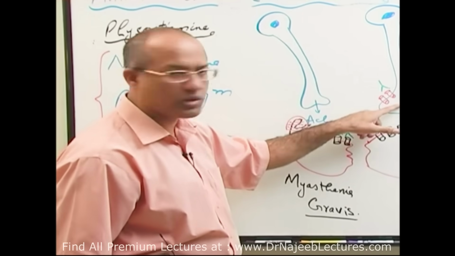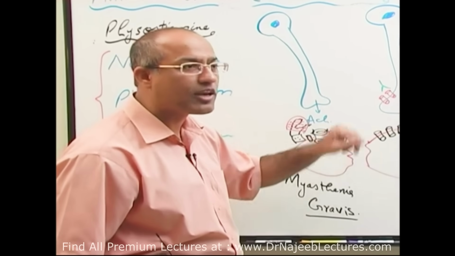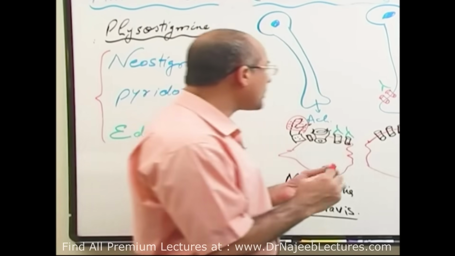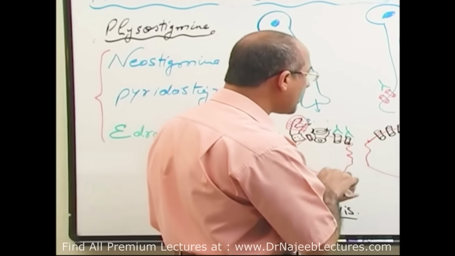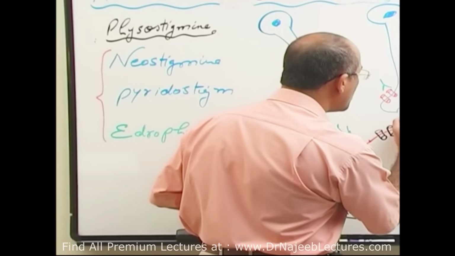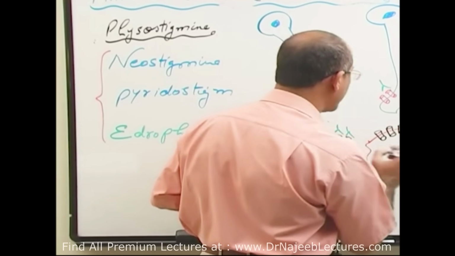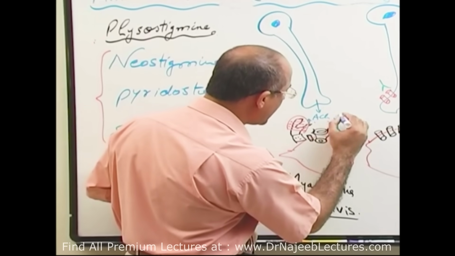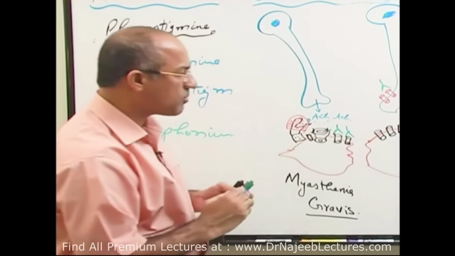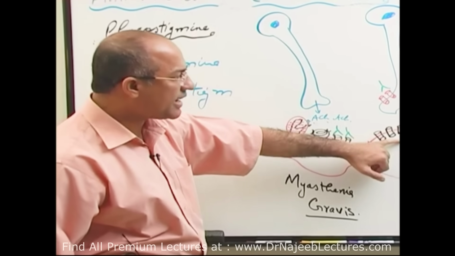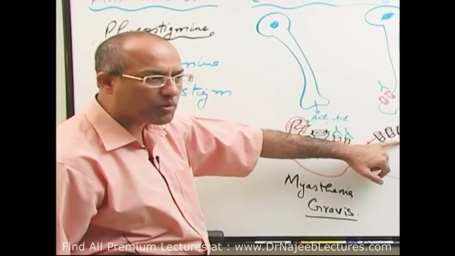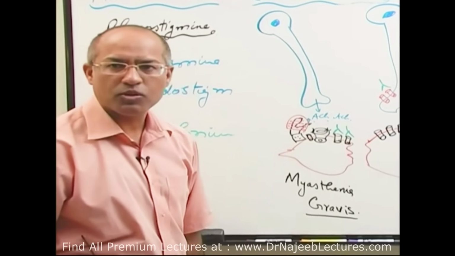So there will be less calcium going in, so naturally release of acetylcholine will be less. In these patients acetylcholine release is very less. In the previous patients acetylcholine release was normal. Now when acetylcholine release is less, again stimulation of the post-junctional membrane will be less and muscles will develop weakness.